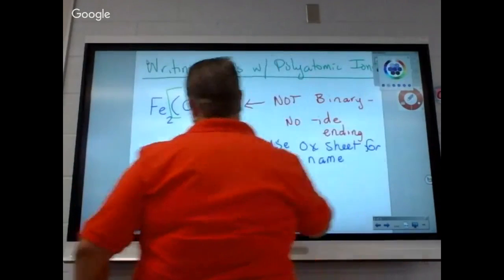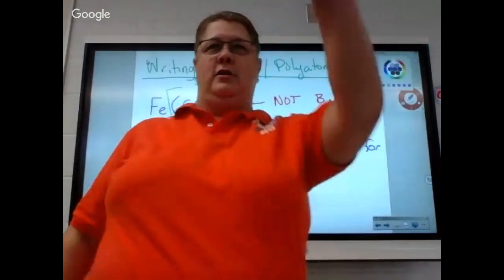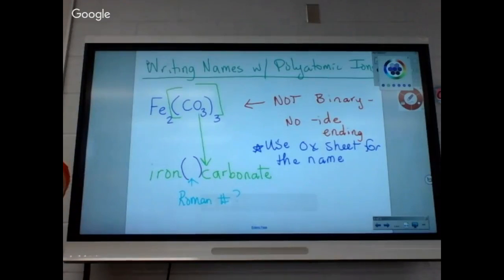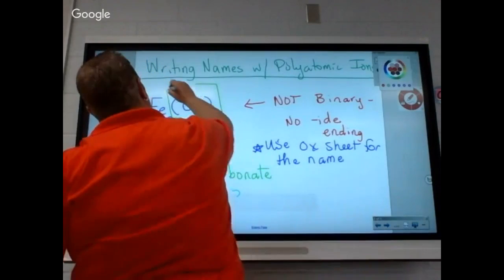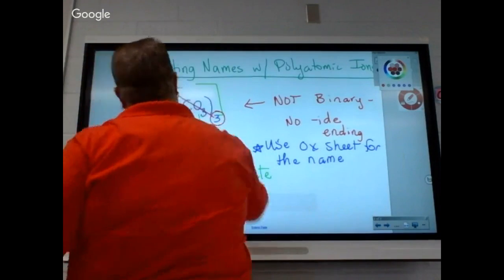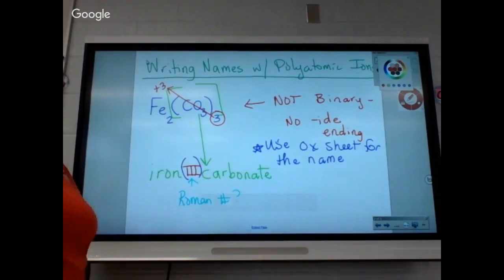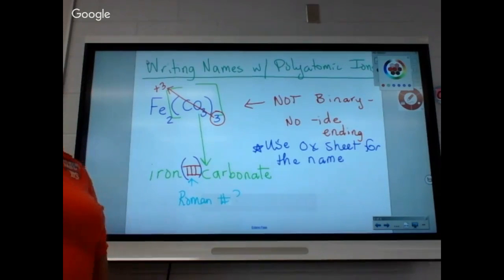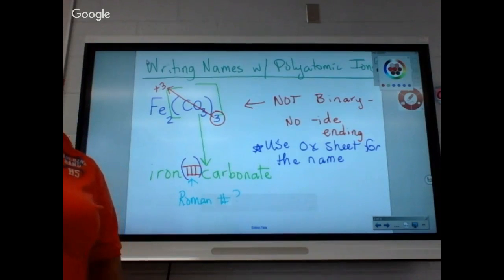How many does iron have? It's got 2, so yes, I need a Roman numeral. I look at the formula and say this 3 came from iron, so I'm going to put (III). Any questions about that? Everybody with me? Everybody caught up with how to write it?